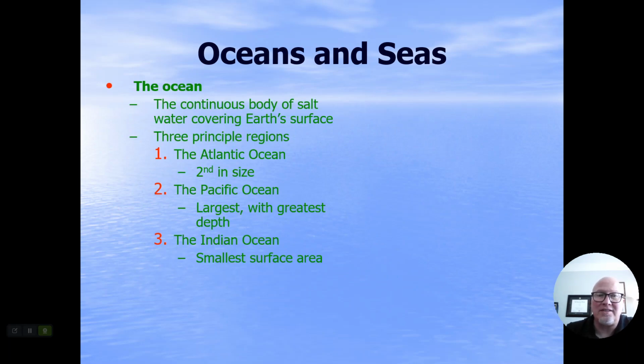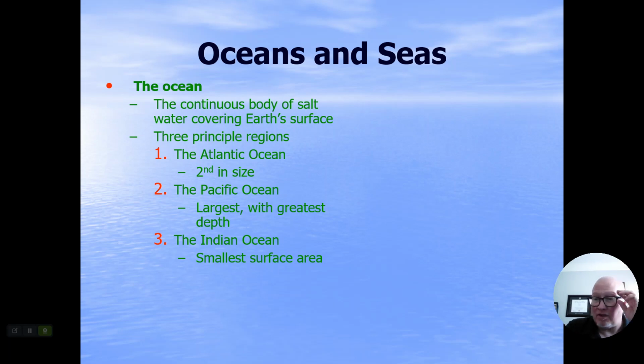So our oceans and seas. We call them the 7 seas, even though the ocean is really one continuous body of salt water that covers the Earth's surface. The principal regions, we have the Atlantic Ocean, the Pacific Ocean, and the Indian Ocean.